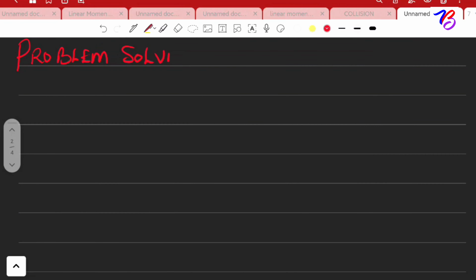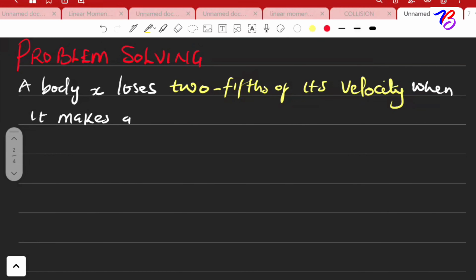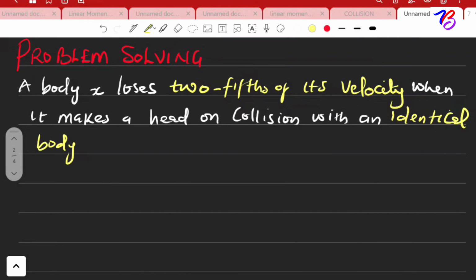Today we'll be solving a problem under linear momentum in physics. A body x loses 2/5 of its velocity exactly when it makes a head-on collision with an identical body y at rest.